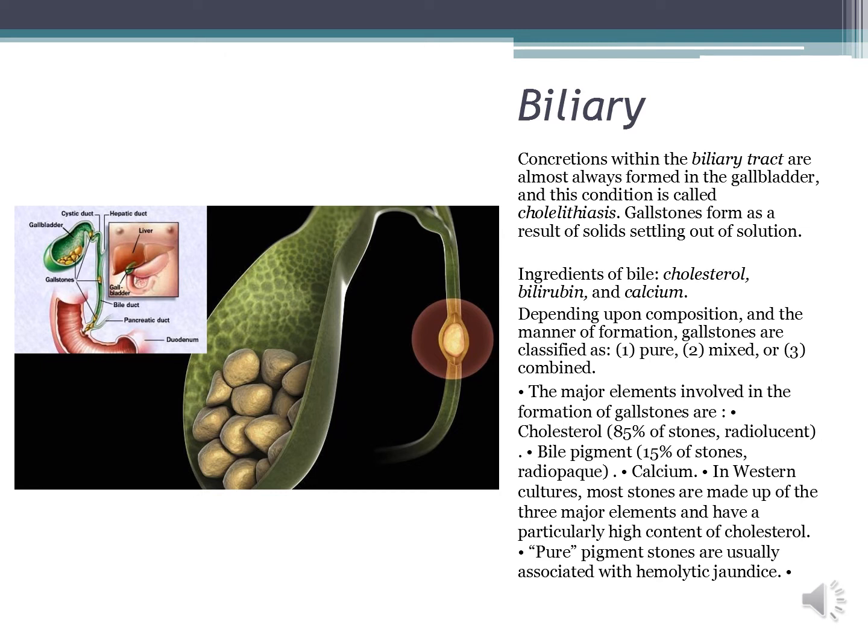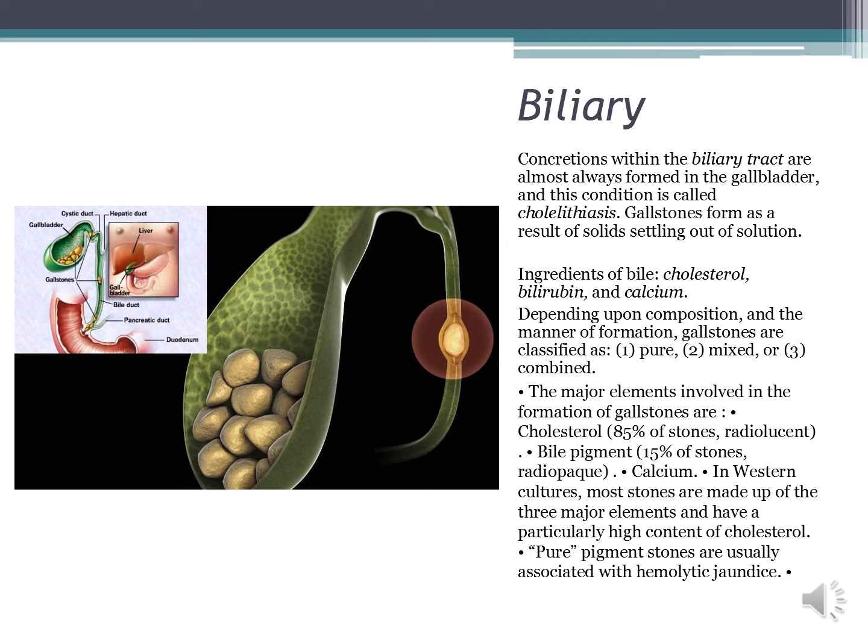Ingredients of bile could be various: cholesterol, bilirubin, and calcium. Depending upon composition and the manner of formation, gallstones are classified as pure, mixed, or combined. The major element involved in the formation of gallstones is cholesterol, and they are about 85% of all stones.